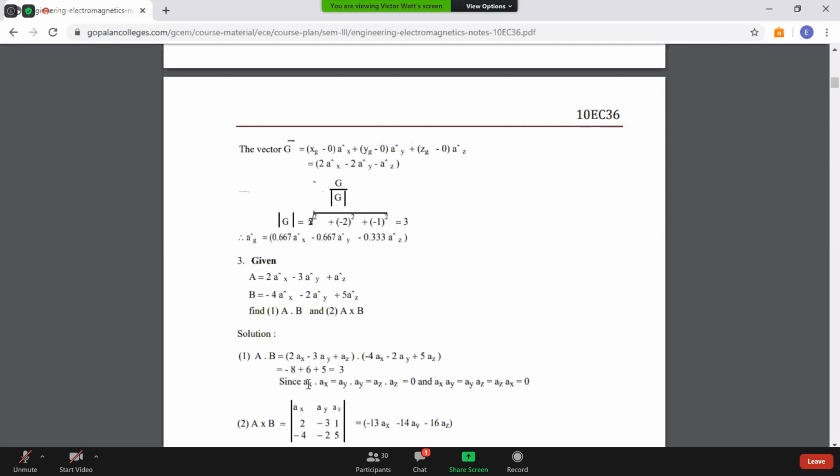Here it is: ax dot ax equals ay dot ay equals a. All of those are 0. The angle is 0, so cosine of that is 1. All right.